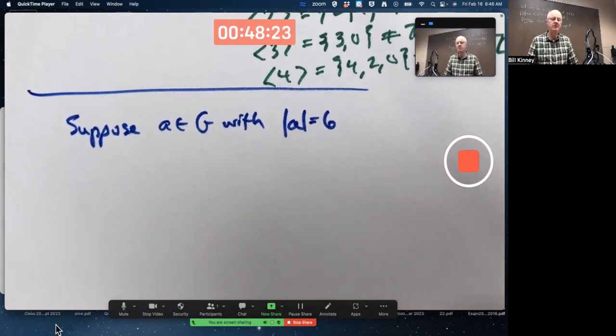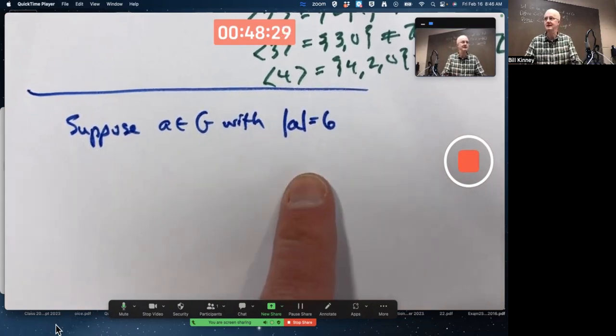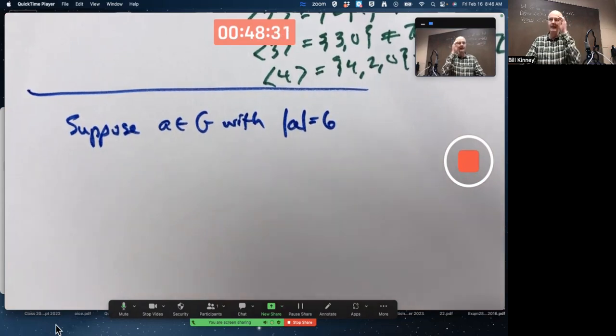It's just an abstract group. I'm not saying what the element is, though I am saying the element has order 6. So 6 is the smallest positive power of the element that brings you back to E, the identity. G is a group, so it has an identity.